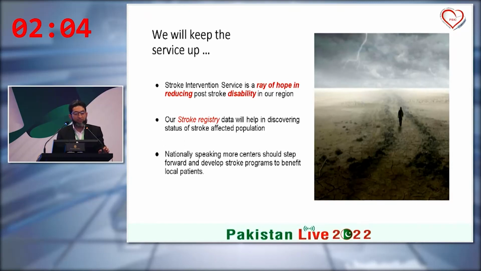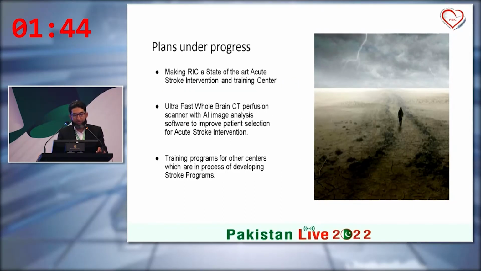We will keep the service up. Stroke intervention is a ray of hope in reducing post-stroke disability in our region. Our stroke registry data will help in discovering the status of the stroke-affected population. Nationally speaking, more centers should step forward and develop stroke programs to benefit local patients.